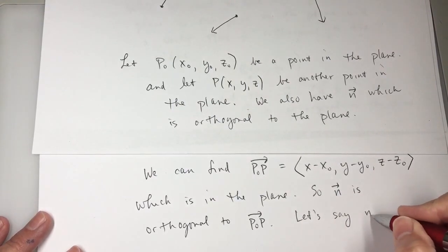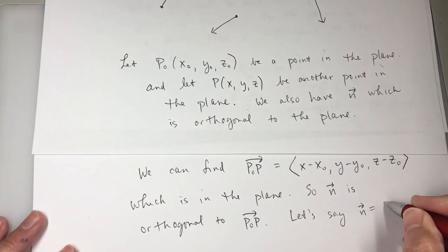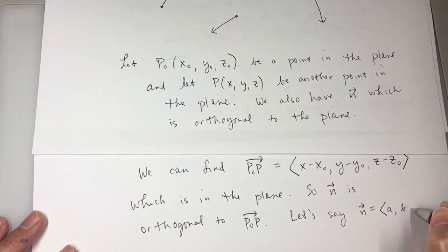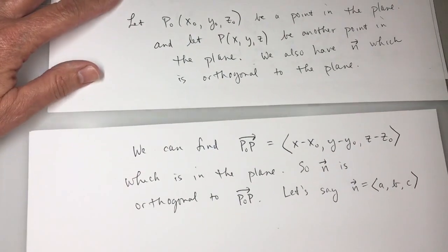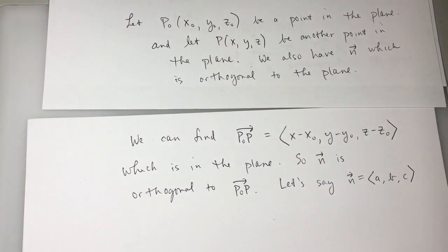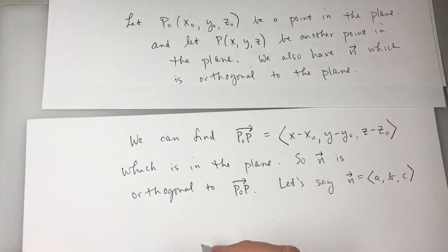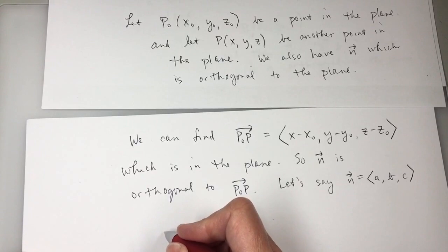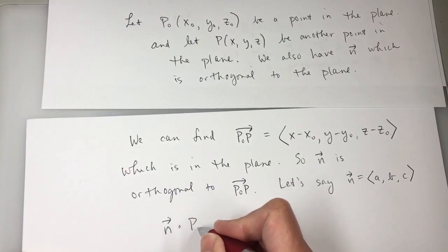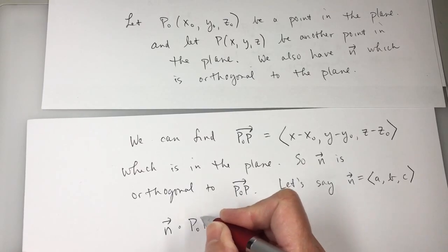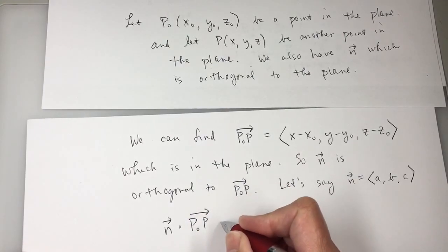The notation the book uses, let's say n is vector ABC. So I end up with two vectors, and I know that their dot product is 0 because they're orthogonal.